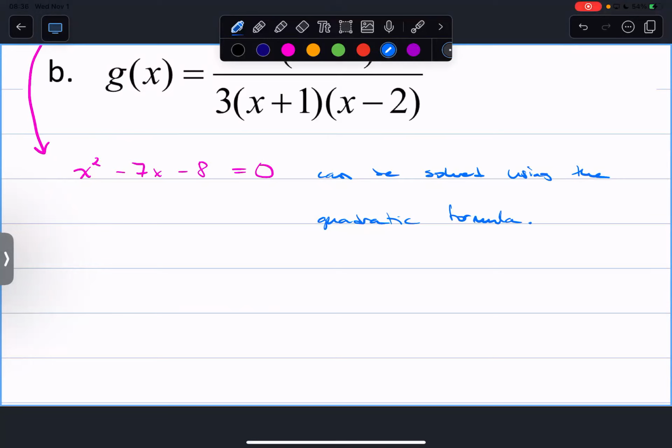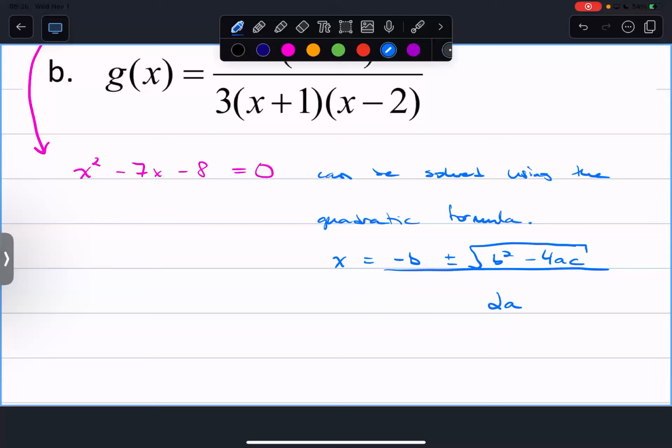Surprise, surprise. The quadratic formula says that if we have a quadratic set equal to 0, the values of x that make that happen are -b plus or minus the square root of b squared minus 4ac, divided by 2a. You probably have that memorized already, but I'm sure it's on your formula sheet somewhere. It's usually on there.